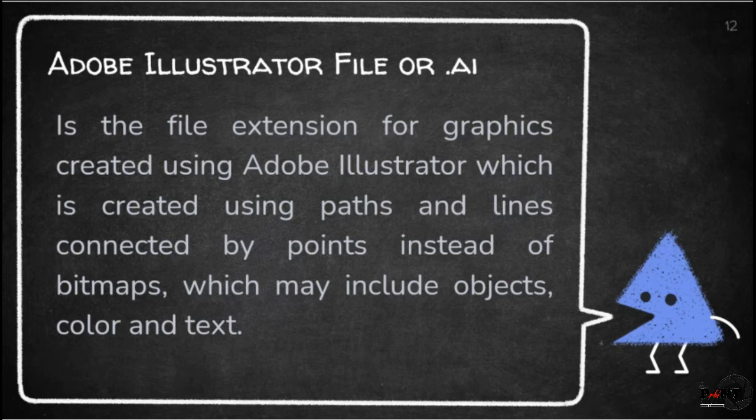AI files are vector-based graphics contained in a single page in which you can create paths and lines connected by points instead of bitmaps, which may include objects, color, and text. The content of an AI file can be used widely because the graphics retain their details at maximum zoom level.